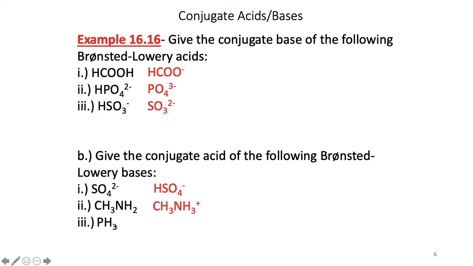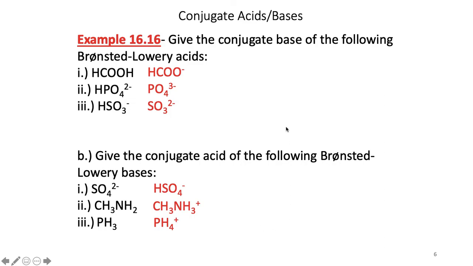Let's look at PH3. I add a hydrogen, so it's going to make this a 4, and it's going from a 0 plus a 1 from the hydrogen to PH4 plus. So here's the conjugate acid of this base. We increased the hydrogen by 1, and we increased the charge by 1. From 0 plus a 1 gives me plus 1.